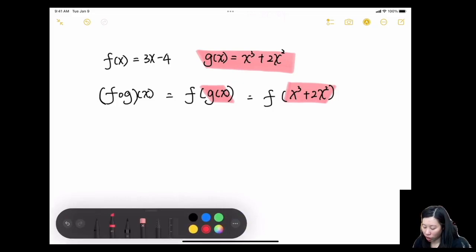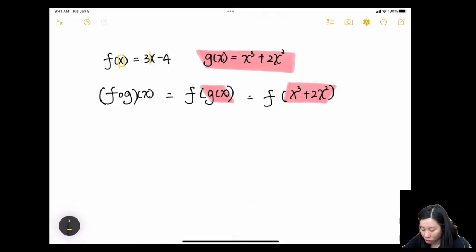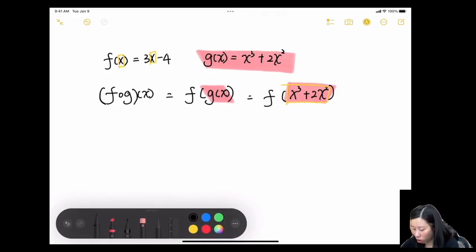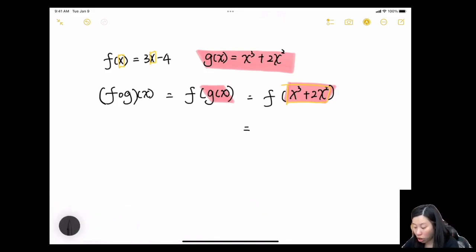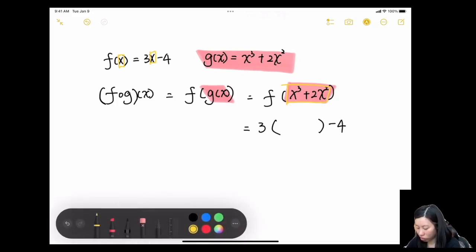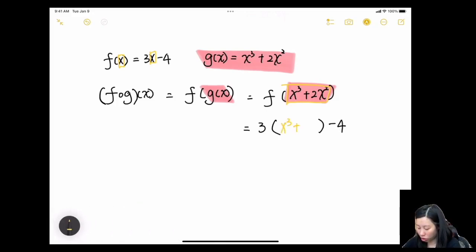So now when you look at f of x, all the x, you're going to replace with everything inside the parentheses. So I have f of x cubed plus 2x squared equals 3 times whatever is in the parentheses, which is x cubed plus 2x squared.